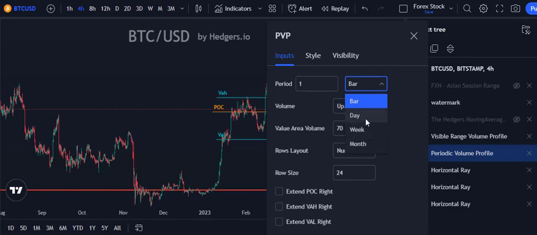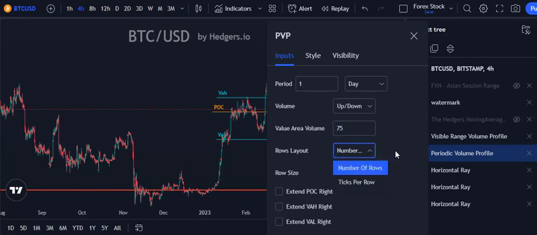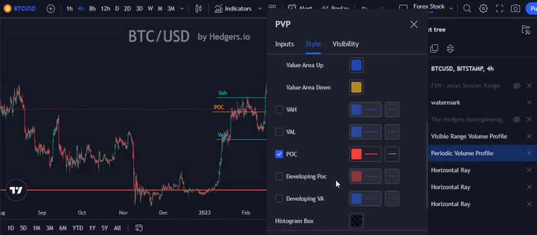If you are an intraday trader, day trader, then you need to tweak the settings towards daily. And you can set the value area to 70 or 75 as per your needs. I mark it at 75. Number of rows, ticks per row, I will keep at 2. Row size, as we already did, is 100, so you can mark it on 100 as well. Extend the POC to the right, extend the value area to the right. These are the settings here.